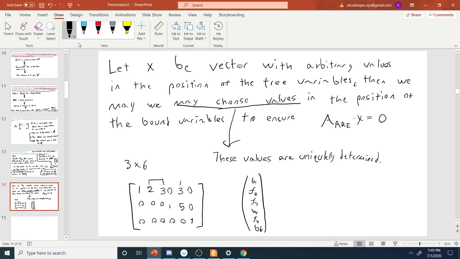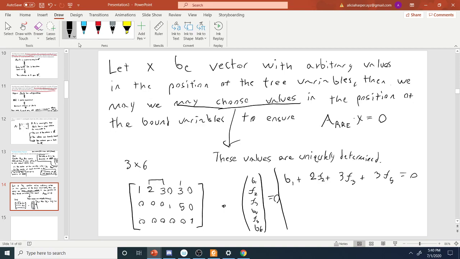And so watch what happens if I multiply this vector by this matrix, and I set it equal to 0. It tells us that B1 plus 2F2 plus 3F3 plus 3F5 is equal to 0.